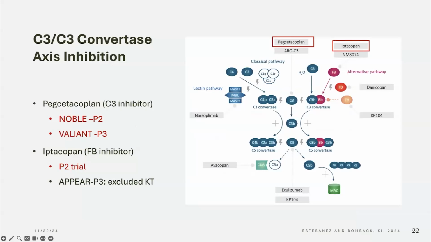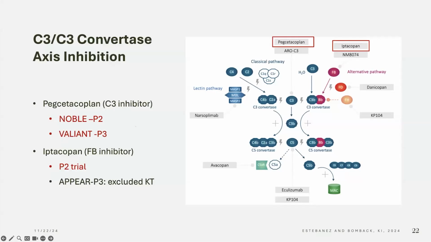Iptacopan is an oral small molecule that inhibits the enzymatic activity of factor B. Factor B is a key node in the alternative pathway. Its breakdown product Bb is the component with proteolytic activity of the alternative pathway C3 convertase and alternative pathway C5 convertase.